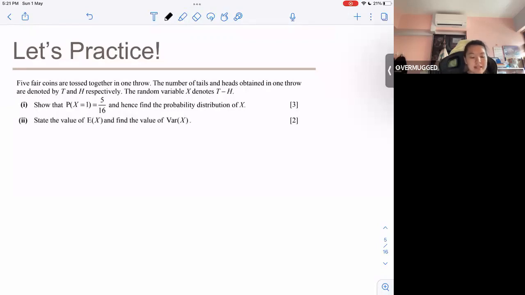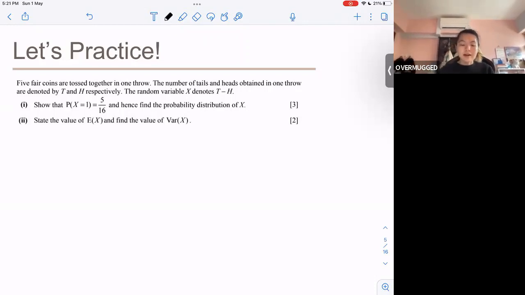Show that the probability of X being equal to 1 is 5/16, and hence find the probability distribution of X. So let's slow down. What do we mean by the probability of X equals 1?